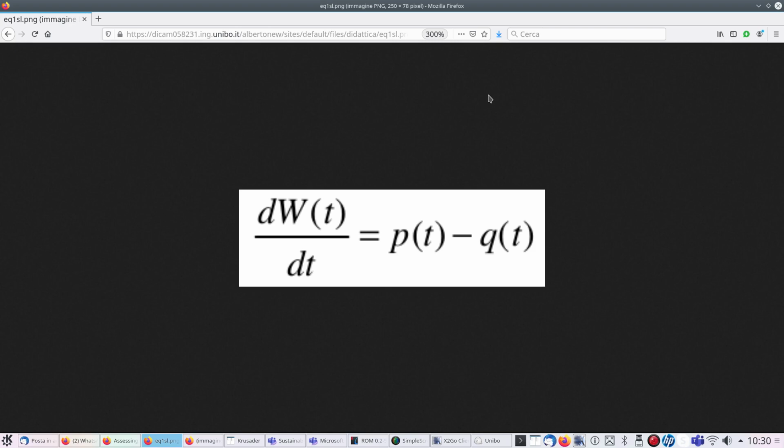So in this case, what you see on the screen is simply a mass balance equation. There is a volume of water that is getting into the catchment in the form of rainfall, and there is a volume of water that is going out from the catchment in the form of river flow, and then the difference is just the change in storage, nothing else.